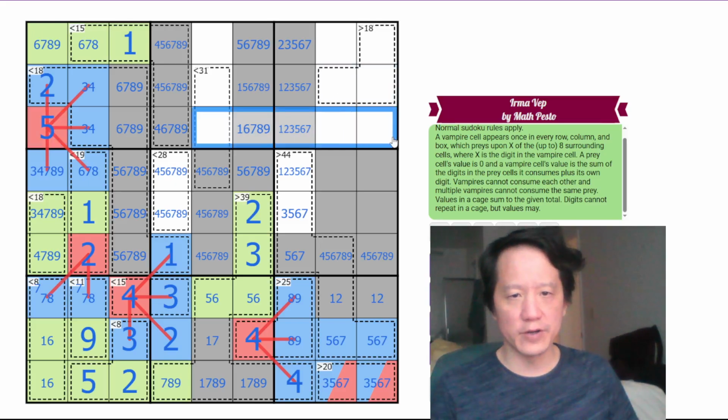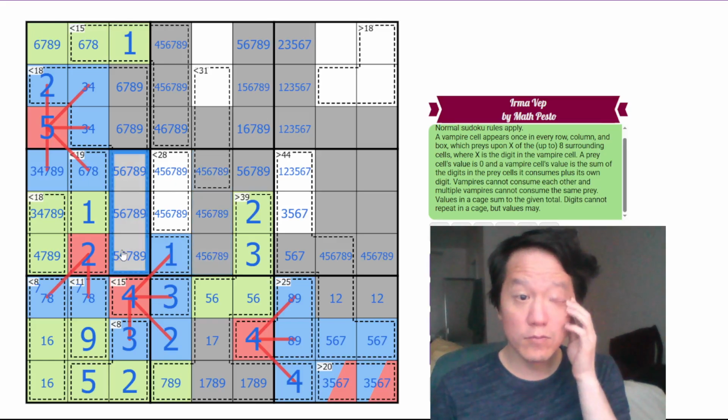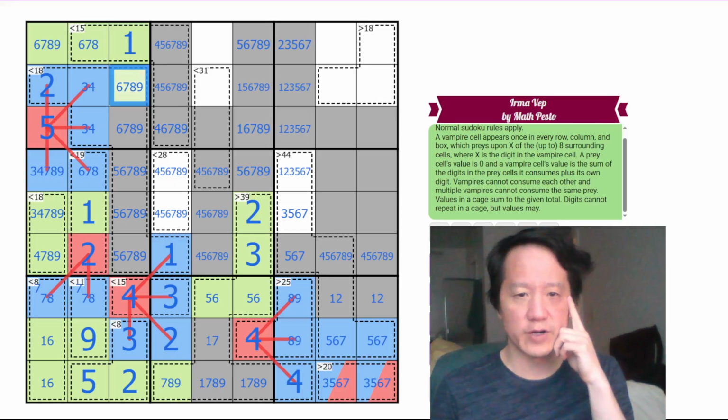This is a vampire here, so none of these can be vampires. This is not consecutive with a vampire, so it must be... Right.